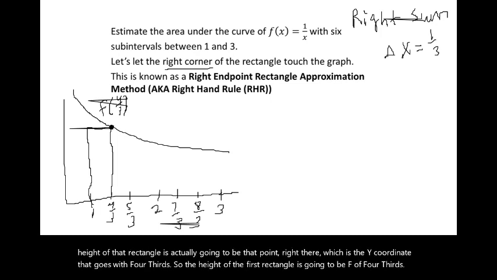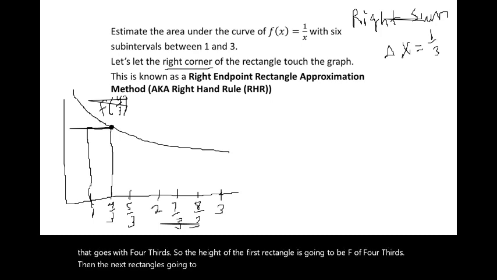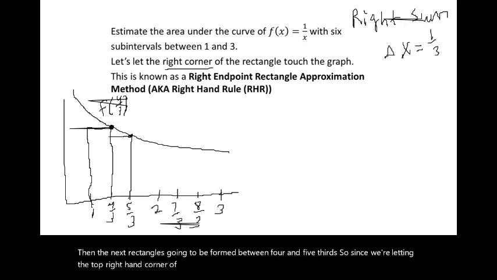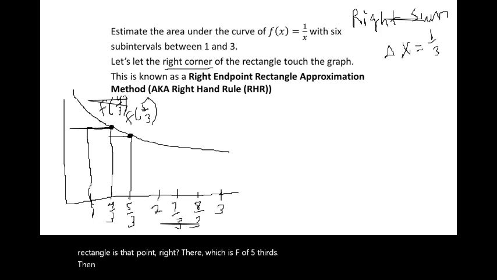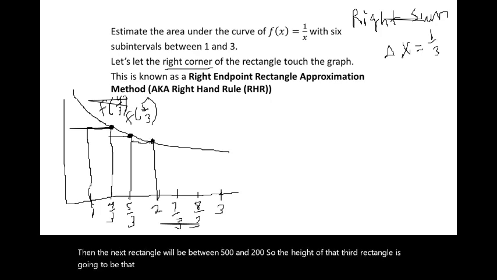Then the next rectangle is going to be formed between 4/3 and 5/3. So since we're letting the top right-hand corner of the rectangle touch the graph, that means the height of this rectangle is that point right there, which is f of 5/3. Then the next rectangle will be between 5/3 and 2. So the height of that third rectangle is going to be that point right there, which is f of 2.